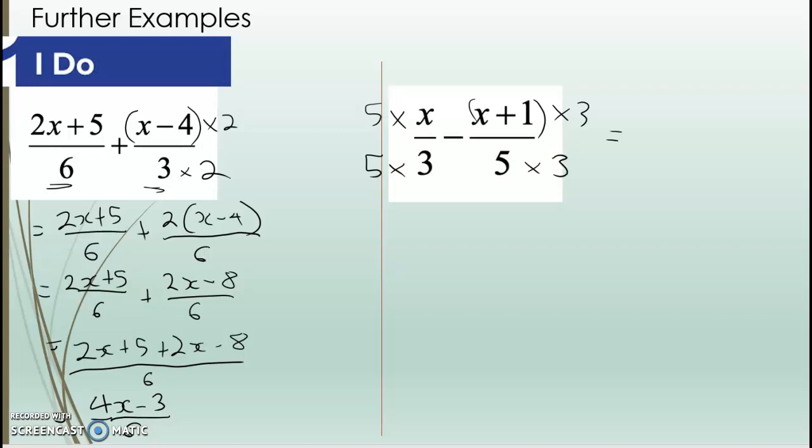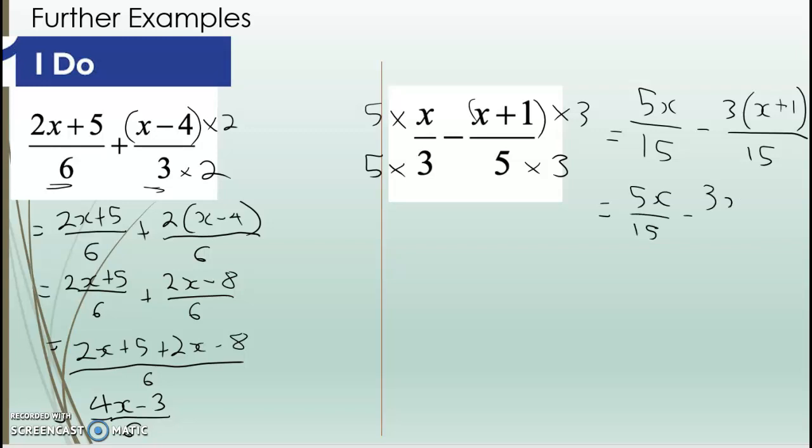And so I have 5x over 15 minus 3 lots of x plus 1 over 15. Expand that out again, 3x plus 3 over 15.